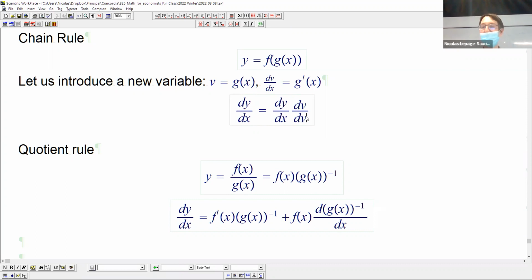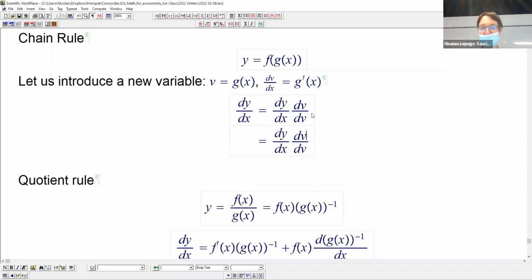It's always 1 regardless of how large it is, as long as it's not 0. And let's just flip these around. So then I can make this dy dv times dv dx. So it's going to be equal to, and oh yeah, what is dy dv? Then it's just going to be f prime.